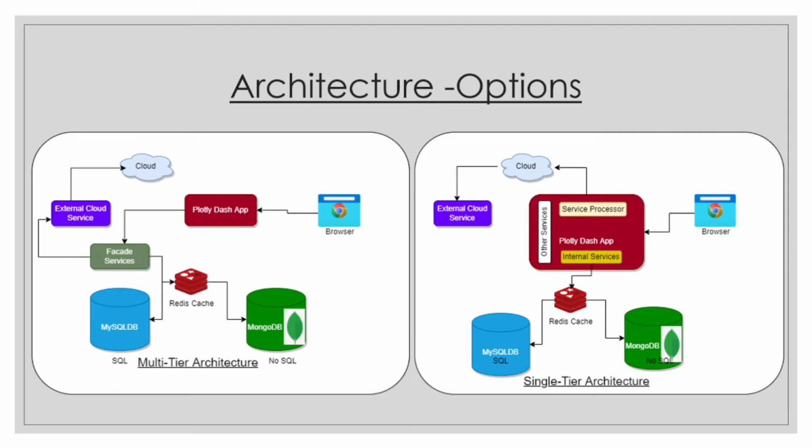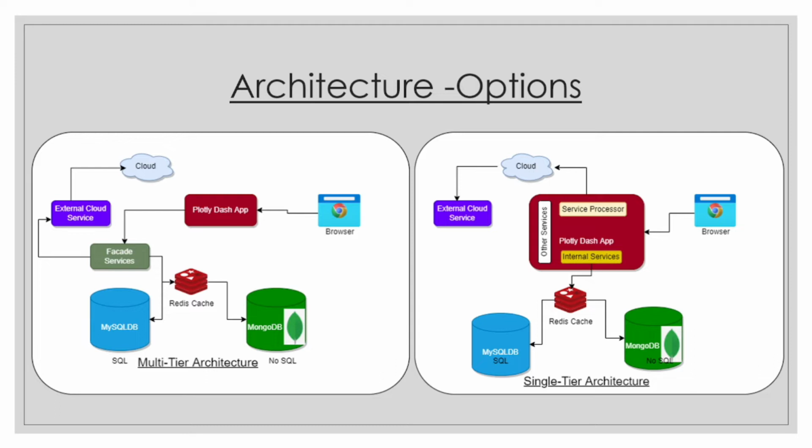You may create a service processor, or an internal service, which can further interact with Redis cache or MySQL DB, MongoDB, and also some other dependent services. In that case, your Plotly Dash app becomes bulkier as you add more logic.